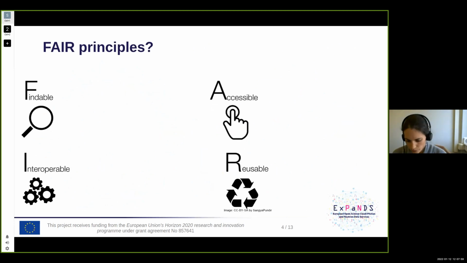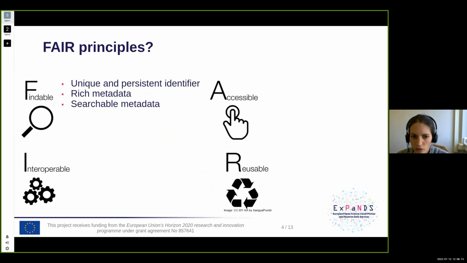So the FAIR principles, what do we mean by this a bit more concretely? You will see a lot of things that were already addressed by the previous talk. In order for the data to be findable, we want to assign a persistent identifier to it.